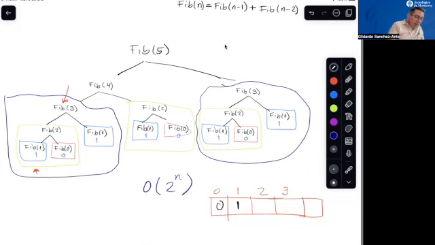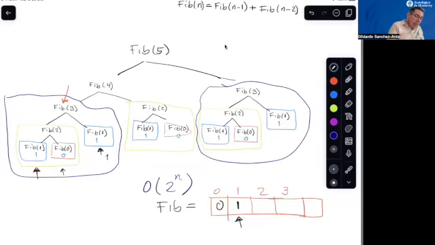And because I computed those two values here, and when I did, I wrote the solution on the table, the next time I need the Fibonacci of 1, I can look at my table. This is going to be an array in position 1, and I can see that I already have the value, so I just take it from there, right?